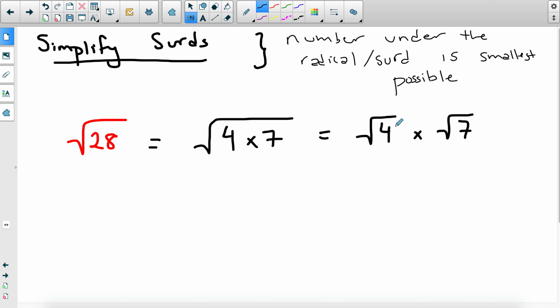Well, we know what the square root of 4 is, and that is actually 2. So it's just 2 times square root of 7, which is just 2 square root of 7. So this is you simplifying the surd, writing it in the simplest form. Now we've actually satisfied the condition that the number under the radical or the surd is the smallest possible. So 7 is the smallest number possible.